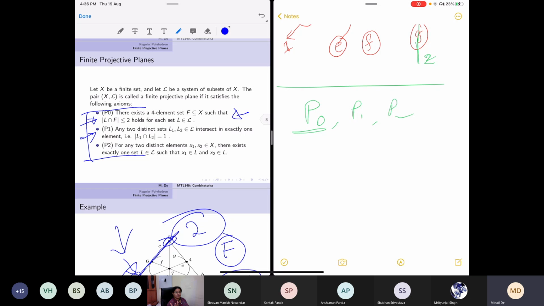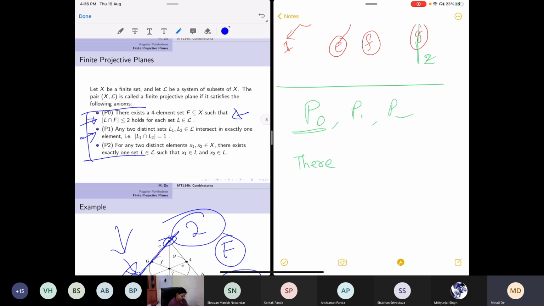So what will be the dual statement? There exist 4 lines such that no 3 of them are intersecting at one point, in the original plane. If that is true in the original plane, then in the dual that would be the thing, right? So we need to prove this statement.